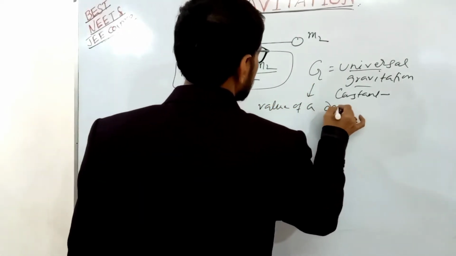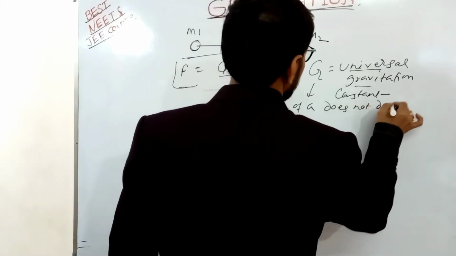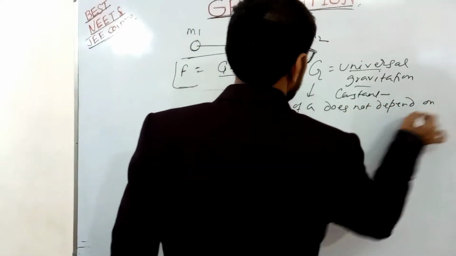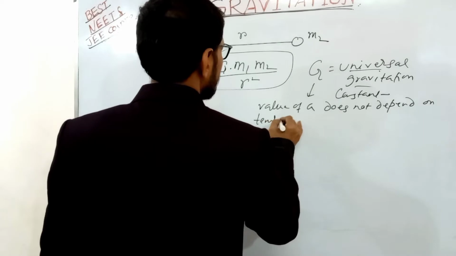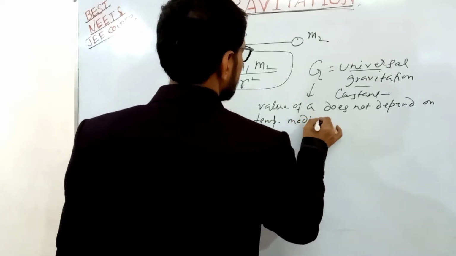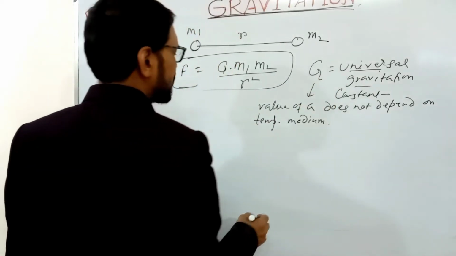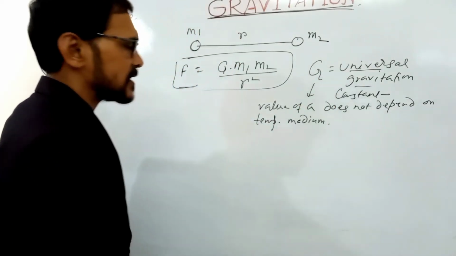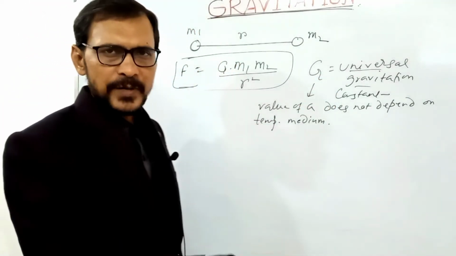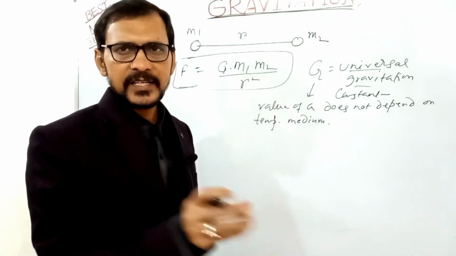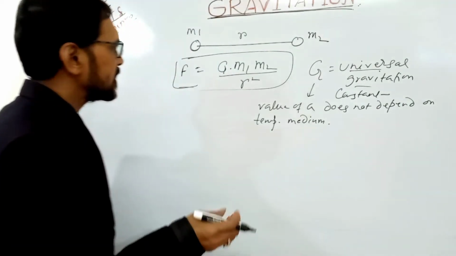G does not depend on temperature or the medium, that is, the density of the medium. It is applicable for any two bodies of the universe, whether two minute particles, or a planet and a body.